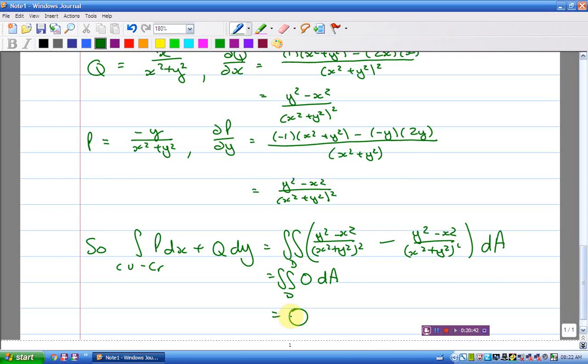Lovely, how nice. Except, of course, that that's not what we want. That's not what the question asked for. The question asked for the line integral along C. The question did not ask for the line integral along C union with this other thing.